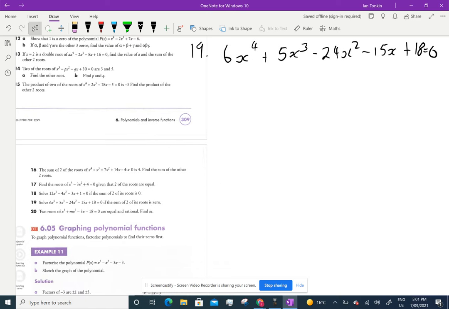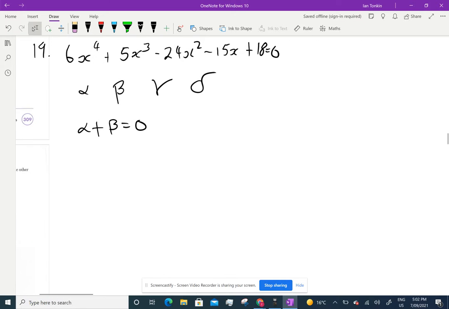The sum of two roots is 0. So I'm going to let the roots be alpha, beta, gamma, and delta. And alpha plus beta is going to equal 0. That's my only condition. So let's write, and we get 4 equations here. Alpha plus beta plus gamma plus delta equals minus b on a.